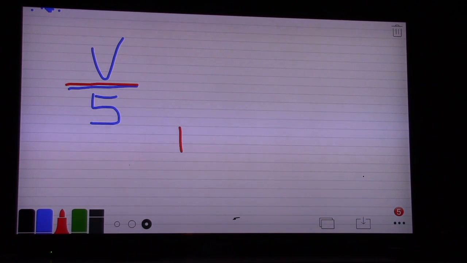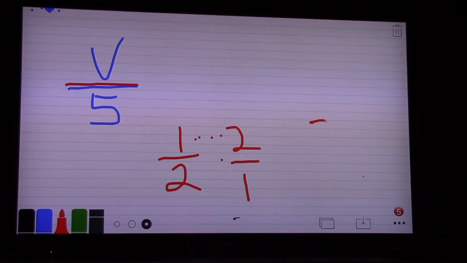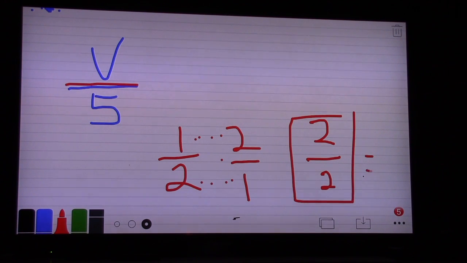If I had 1/2 and I wanted to do something to turn it into 1, I can multiply it by the inverse, or the reciprocal, 2 over 1. When I multiply fractions, I multiply straight across. 1 times 2 is 2, and 2 times 1 is 2, and 2 over 2 equals 1.